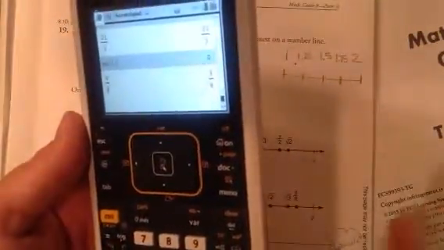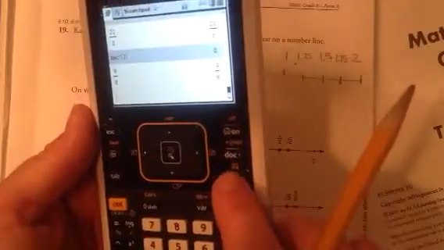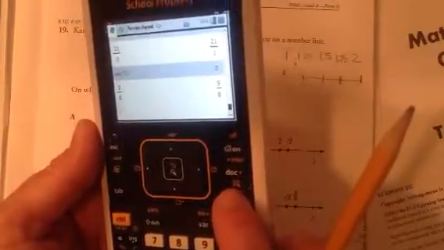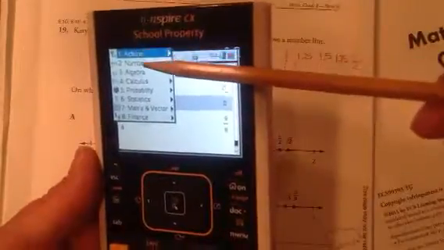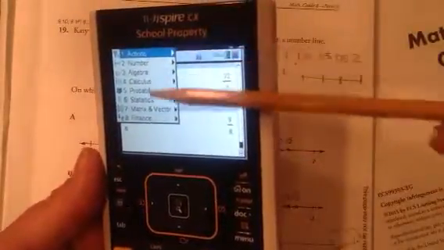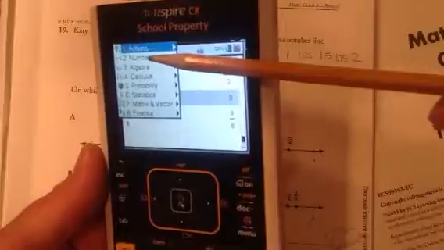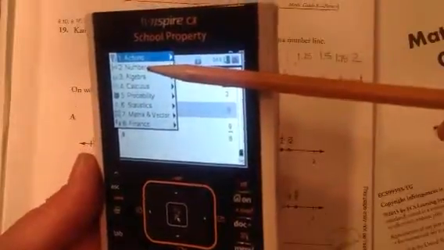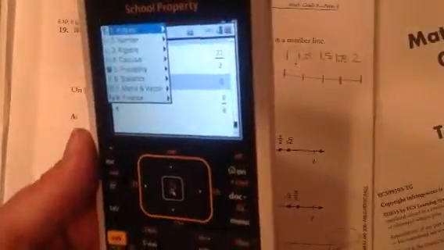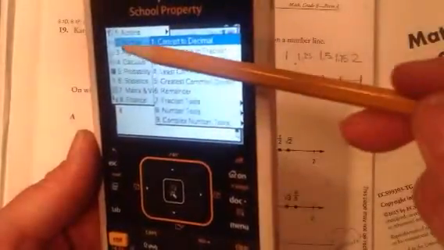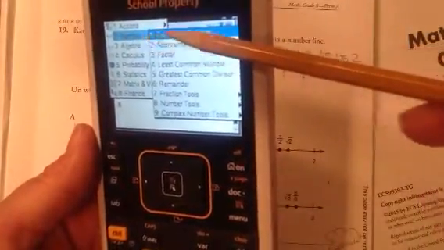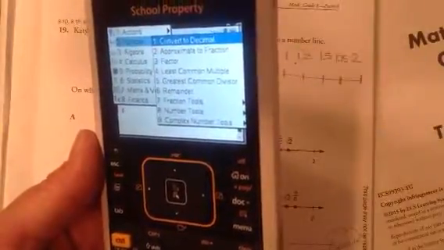So we're going to go to our menu. We need to convert that to a decimal. On the menu, what can help us convert it? We know it's a number, and we need to do something with that number. I'm going to push the number 2, and when I toggle down to 2, it goes straight over to convert to decimal.